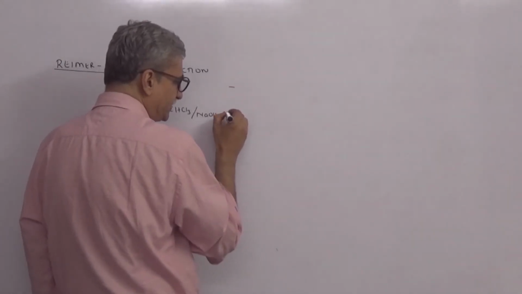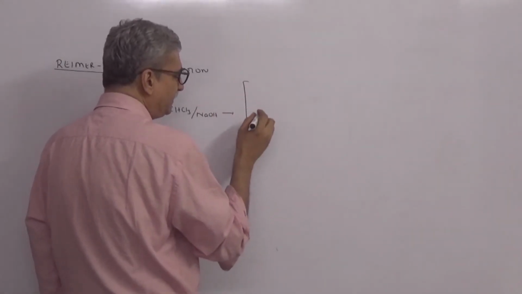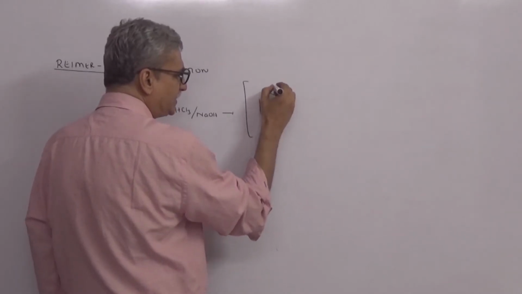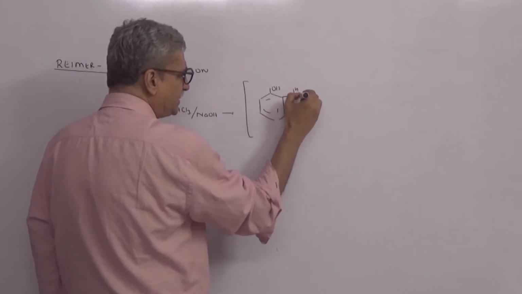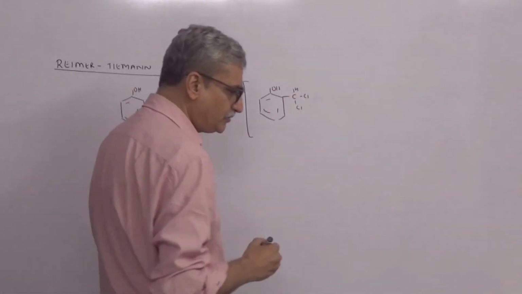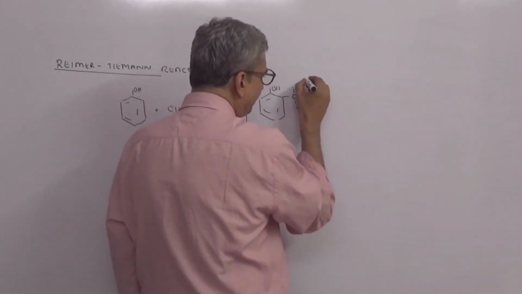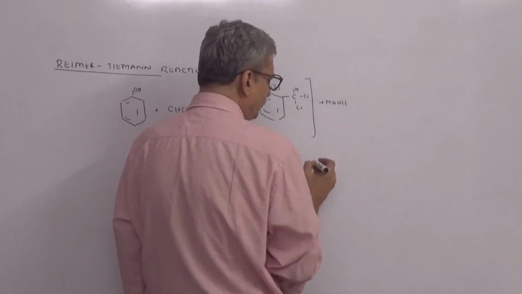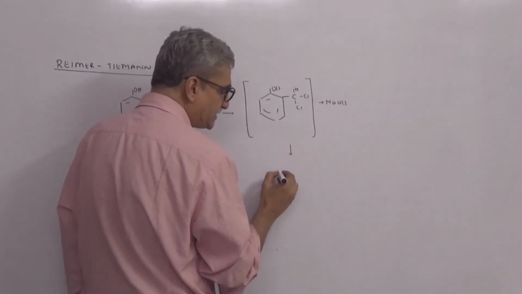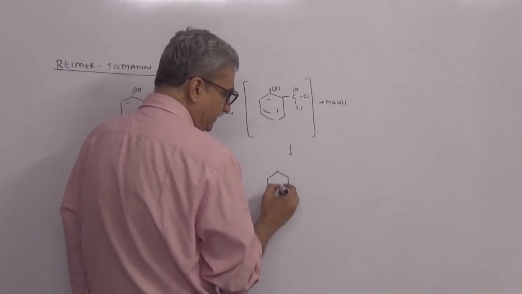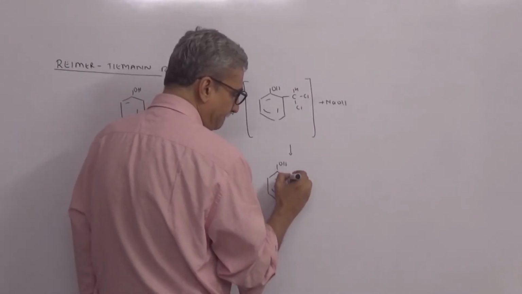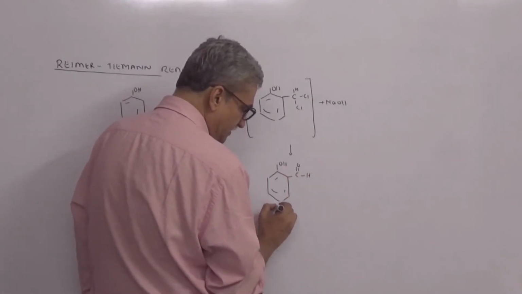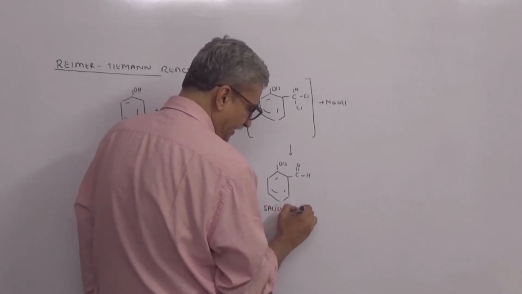You get an intermediate, CHCl2, and this on hydrolysis will give you salicyl aldehyde. That was salicylic acid, this will give you salicyl aldehyde, with C double bond O and OH. This is salicyl aldehyde.